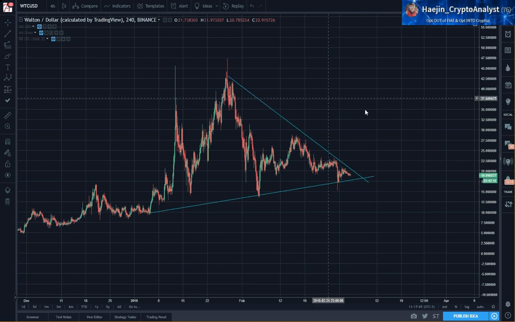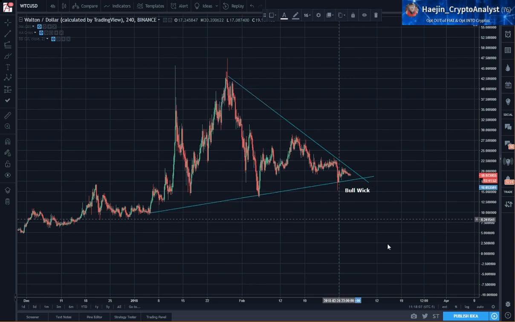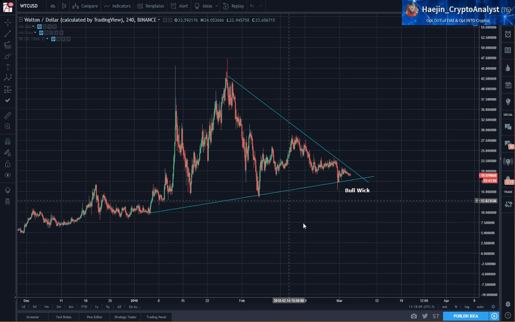If this is correct, then what we can see in this effect would be called a bull wick, a bullish wick. And if that is one way for the price to get rid of the last remnants of would-be sellers, the weak hands, it certainly works.